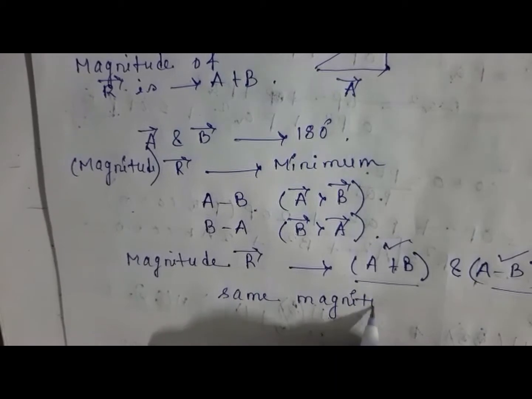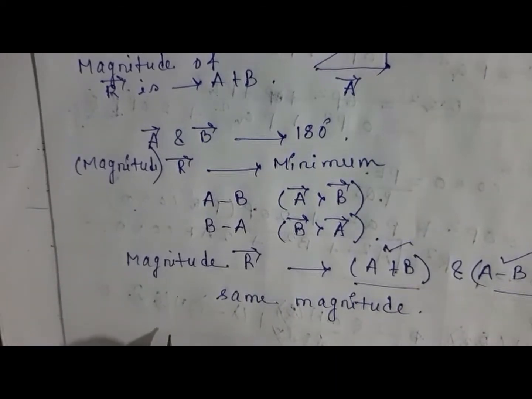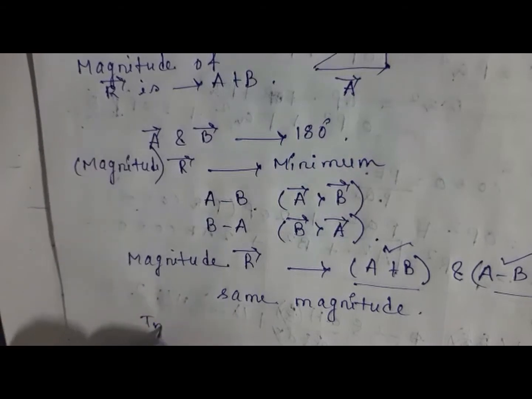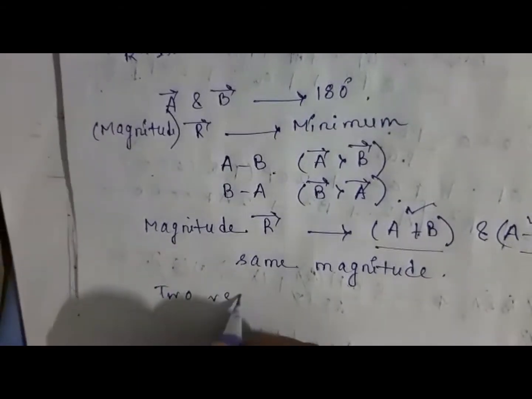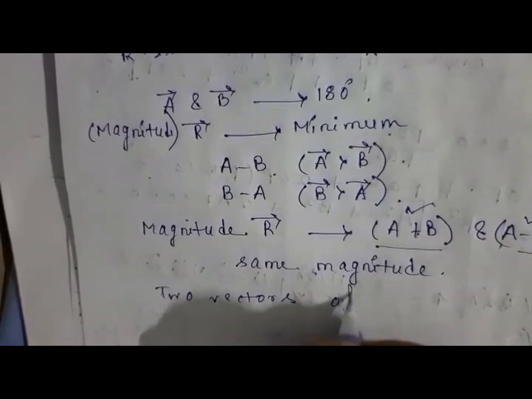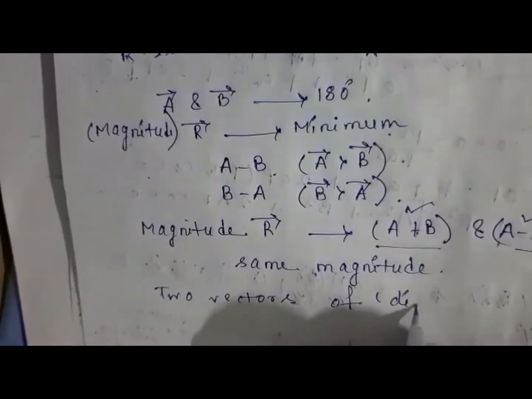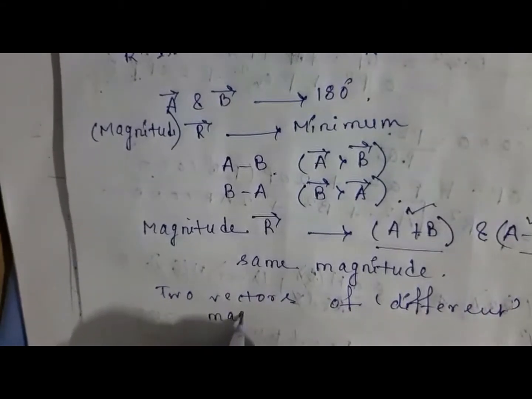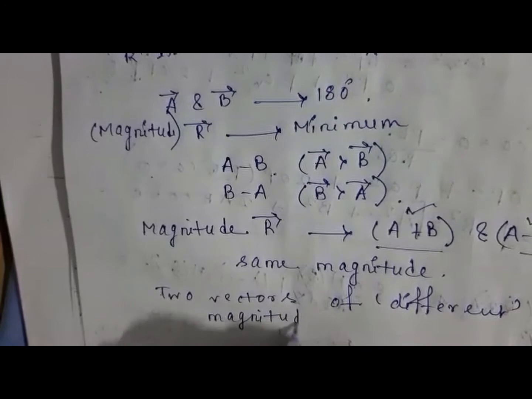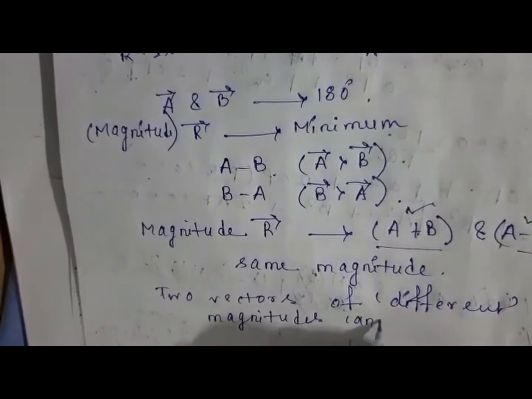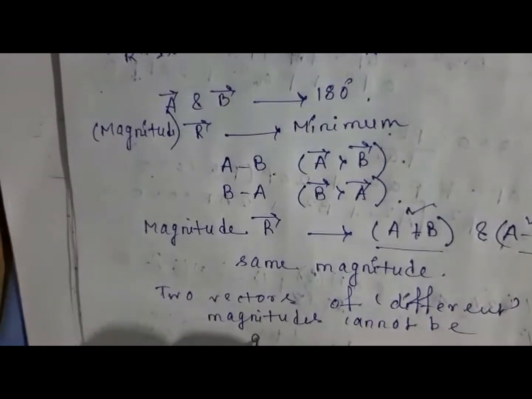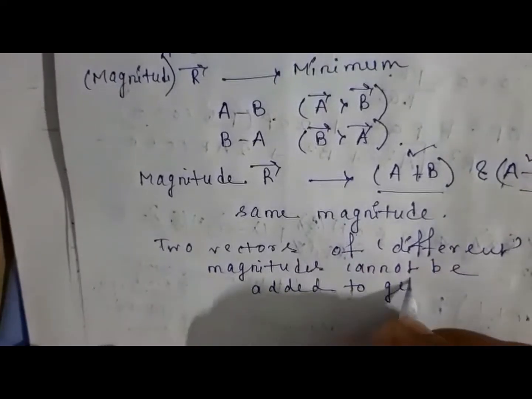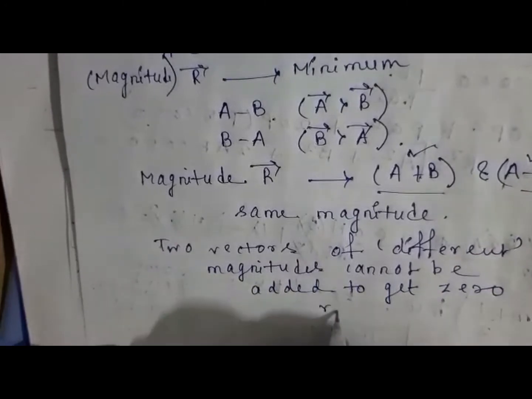But you cannot do this, means two vectors of different magnitude cannot be added to get 0 resultant.